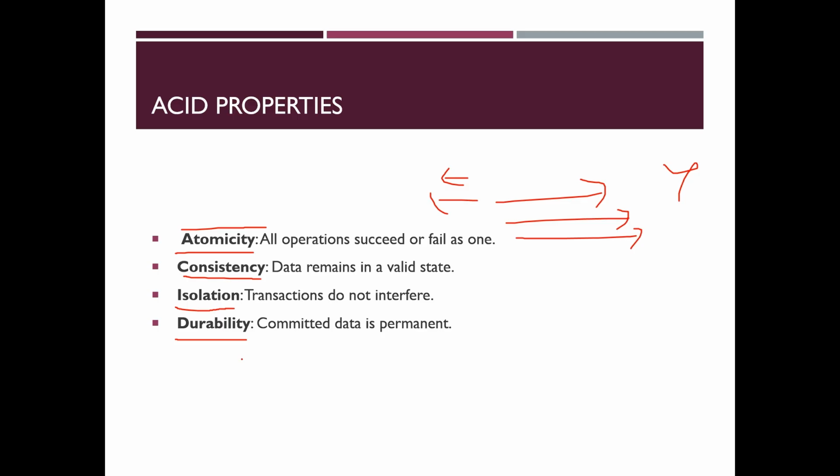Next is durability. Once a transaction is committed, its results are permanent even if the system crashes. Here is a tip: interviewers often ask you to explain ACID with a real-time example. So remember this money transfer scenario, it's a favorite.